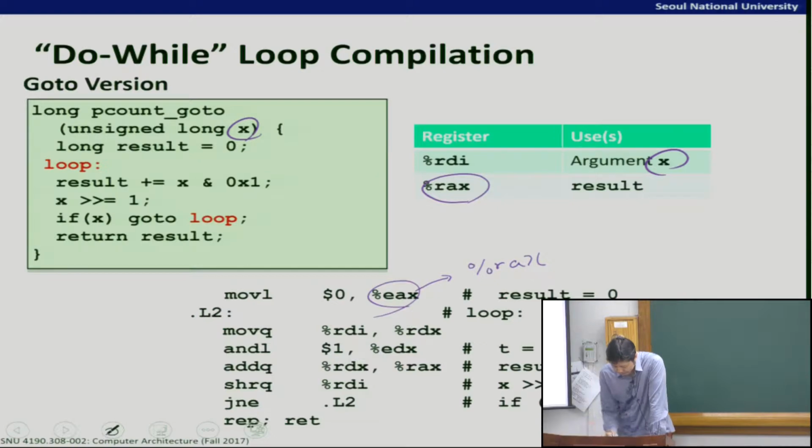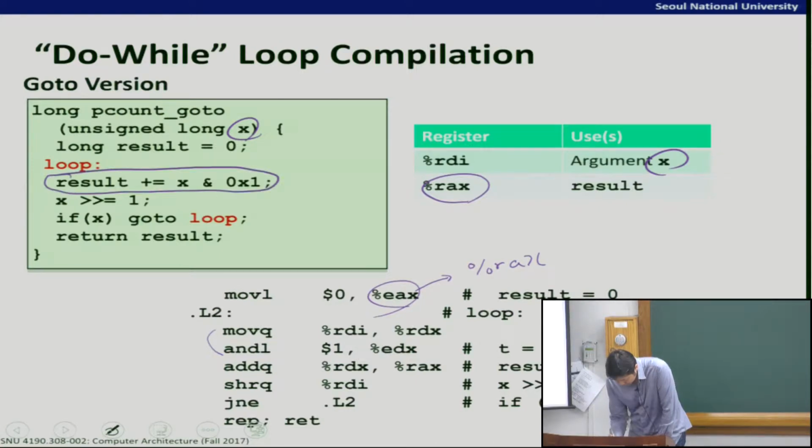We execute this part of the code, computing the value of the result, using these 3 instructions, because we first calculate x and constant 1, and we add this value t to the result value held in RAX, right?